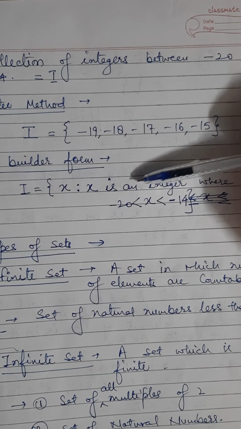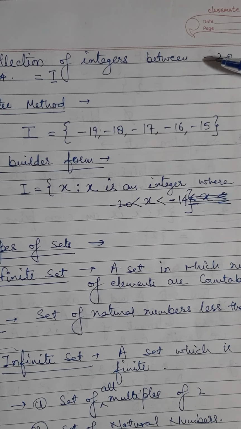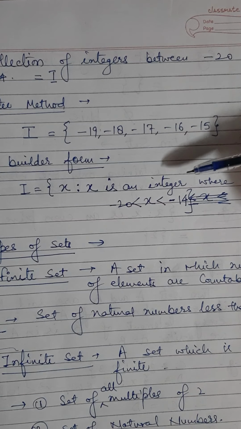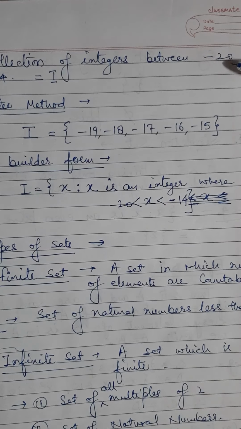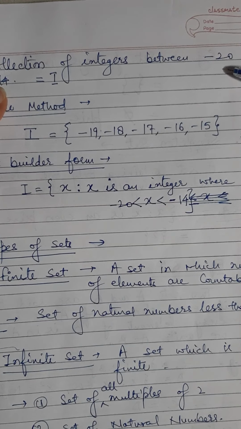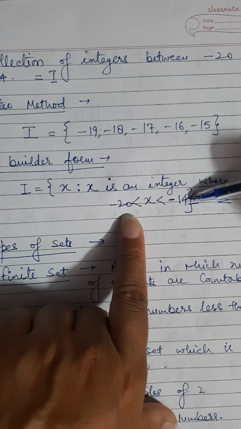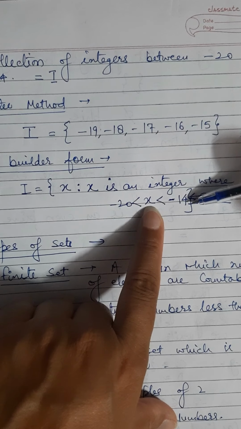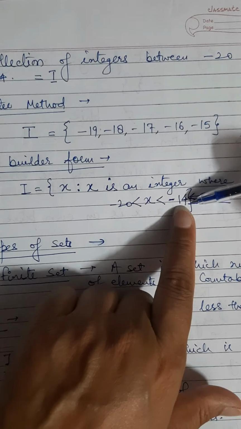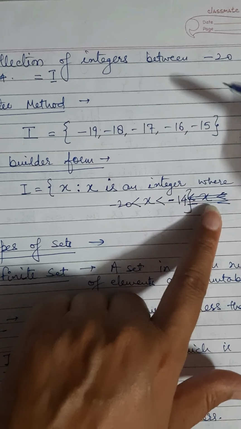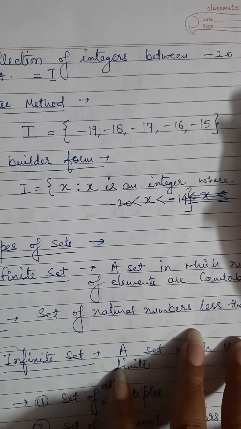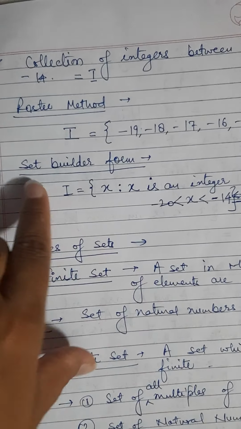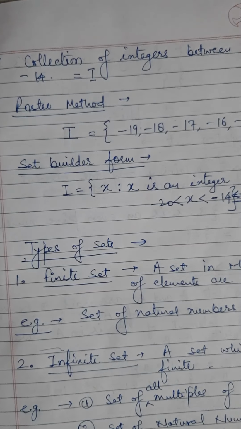The conditions are: first, that it is an integer, and second, that it is between -20 and -14. So we write x is greater than -20 and less than -14, and we enclose this between curly brackets. That is the way to write a set in set builder form.